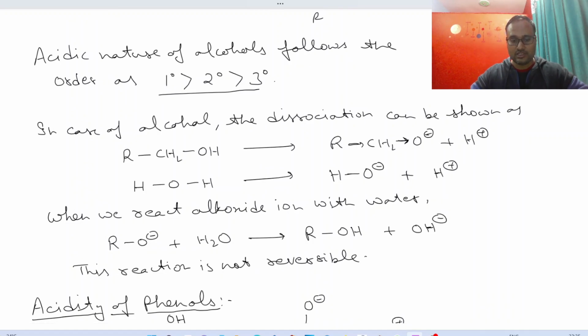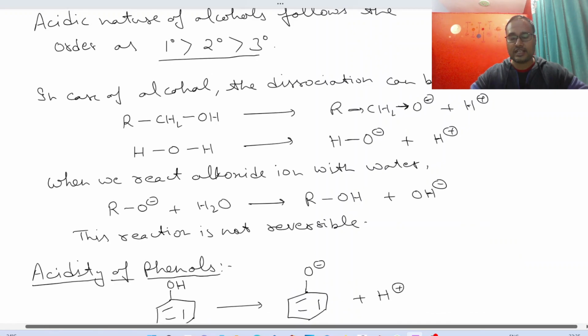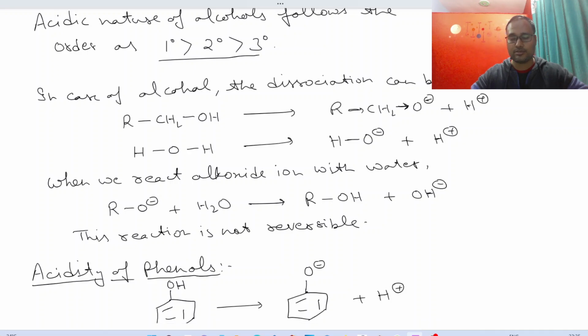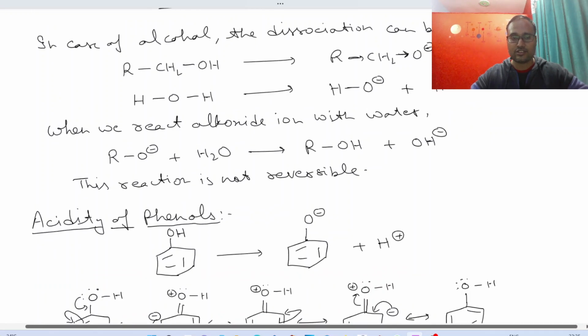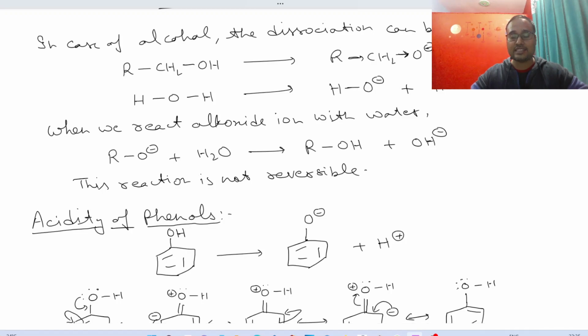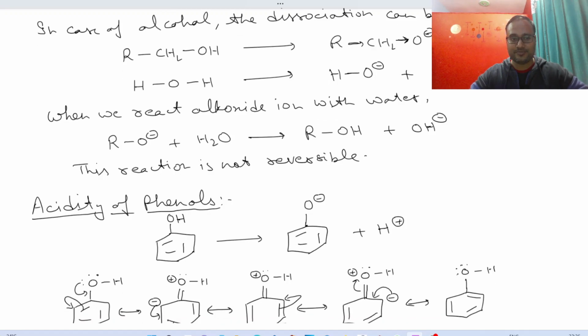We first compared the alkoxide ion with the hydroxide ion: the alkoxide ion is less stable as compared to the hydroxide ion due to the electron releasing nature of the alkyl group. And the reaction of alkoxide ion with water forms alcohol and hydroxide ion, and the reaction is not reversible, stating that water is more acidic than alcohol.